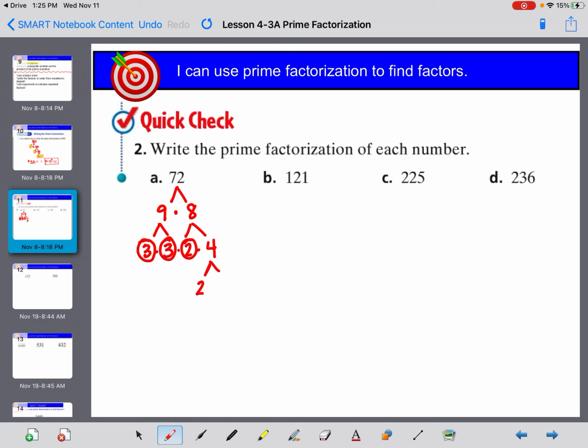Now I just have to work on that 4. 2 times 2. So the prime factorization is 2 times 2 times 2 times 3 times 3. So 2 to the third power times 3 to the second power.